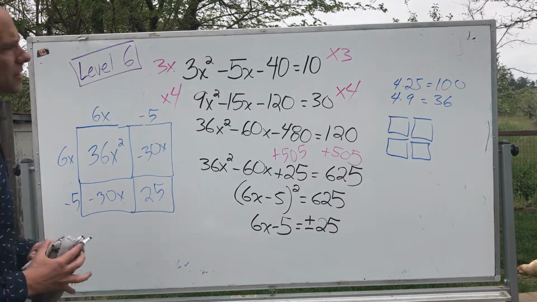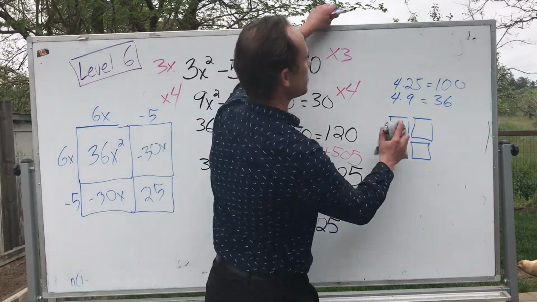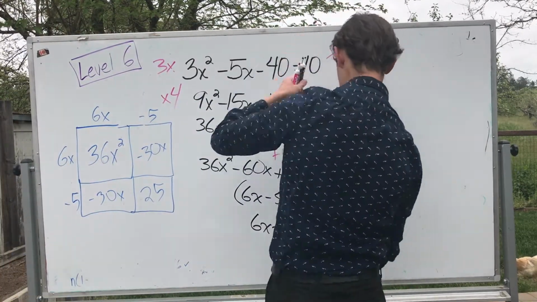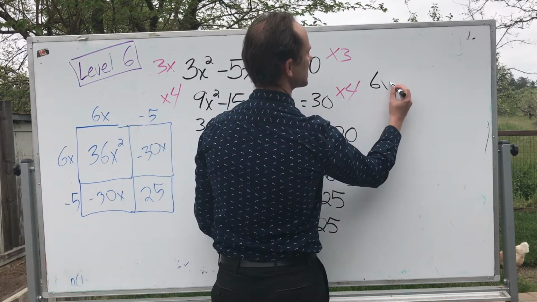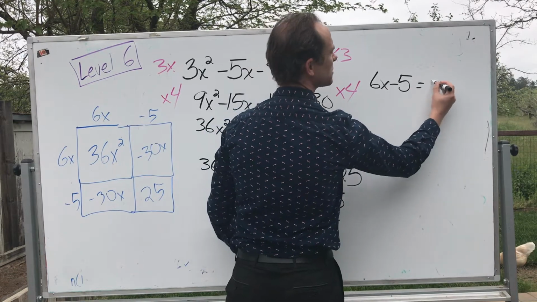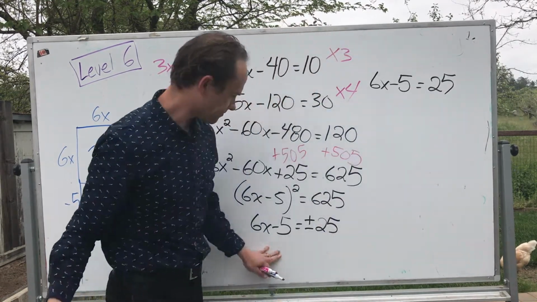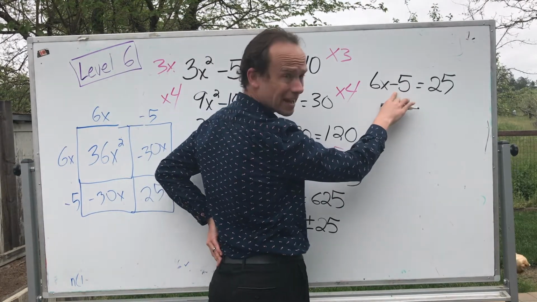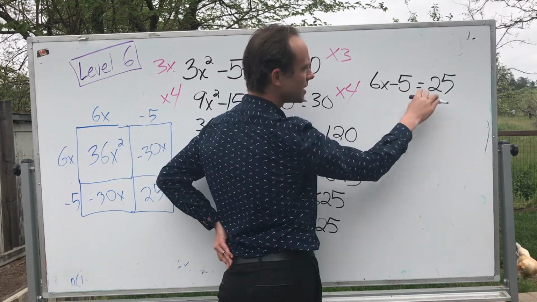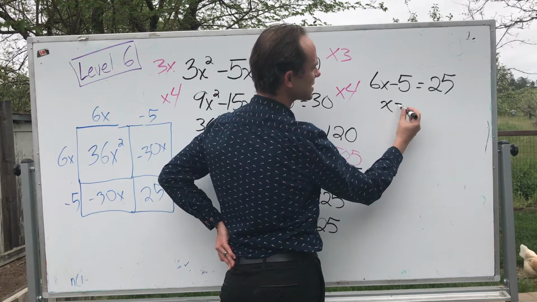Now let's set up our last couple equations and get this thing rolling here. So let's do this. Let's go 6x minus 5 is equal to positive 25. So we'll add 5, so that'll get us to 30, and we'll divide by 6.